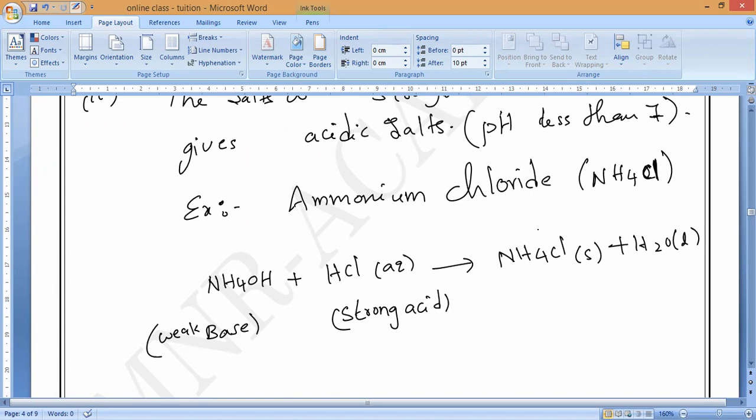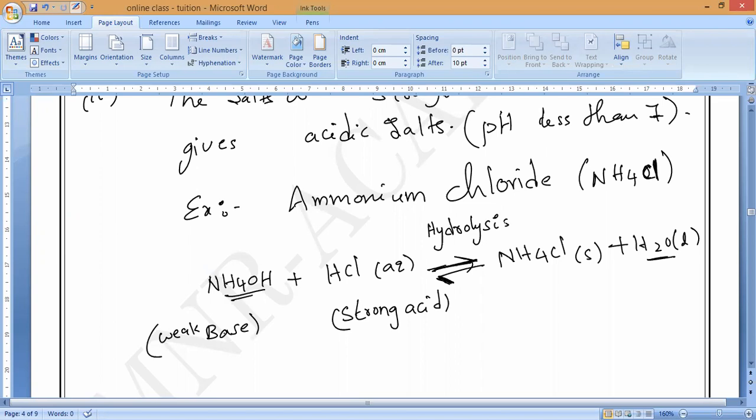But the reverse also takes place. With the help of water, we get back the base and the strong acid. That process is called hydrolysis.